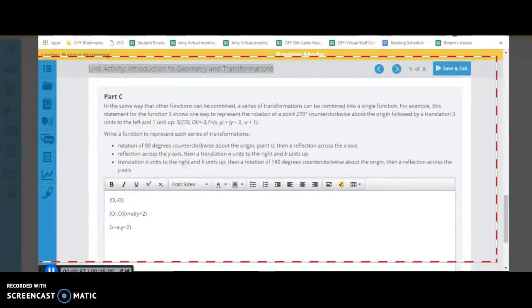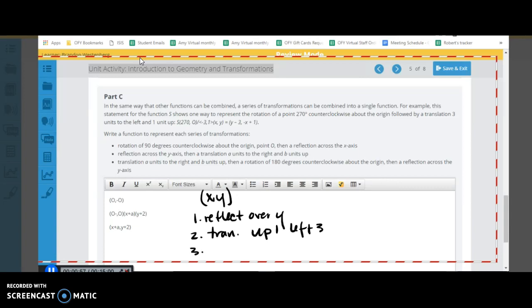In my example, we're going to take the point (x, y), first reflect over the y-axis, and then translate up 1 and left 3, and the third thing we're going to do is rotate 180 degrees.